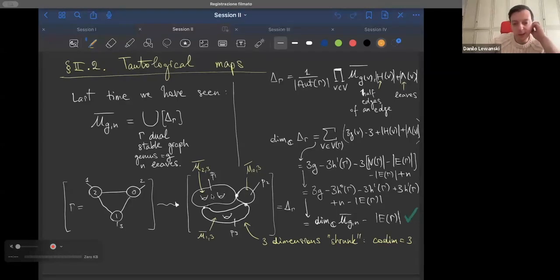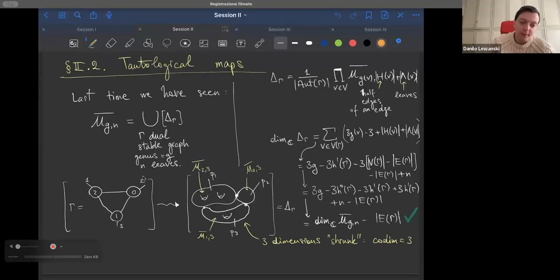Now we also saw that each of these components is parametrized by a smaller moduli space, smaller in terms of larger Euler characteristic of the generic point. Okay, so now you can see MgN bar as the union of all of these strata for each gamma of genus g and n leaves.